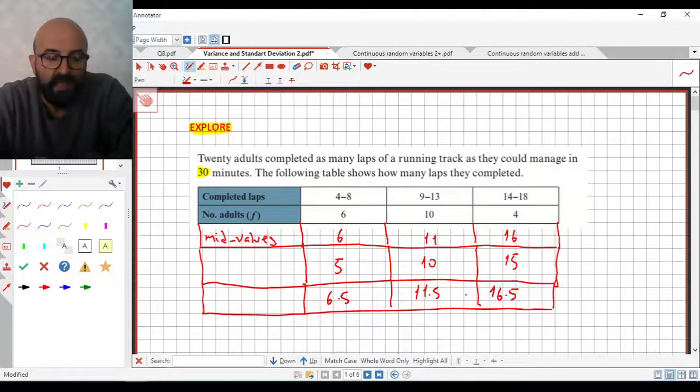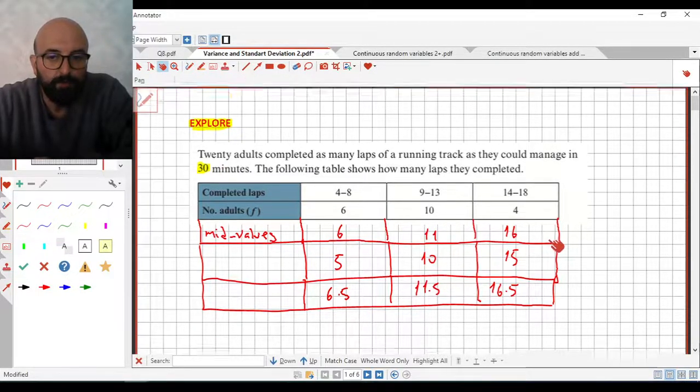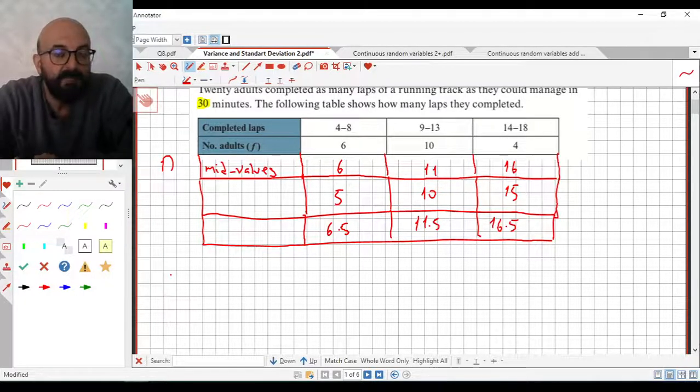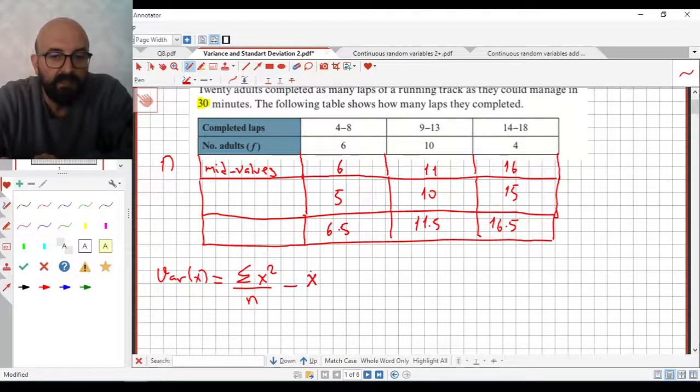Okay, and I want to compute the variance for all these values, and for one, please remember that variance is equal to the sum of x square over n minus the mean square.